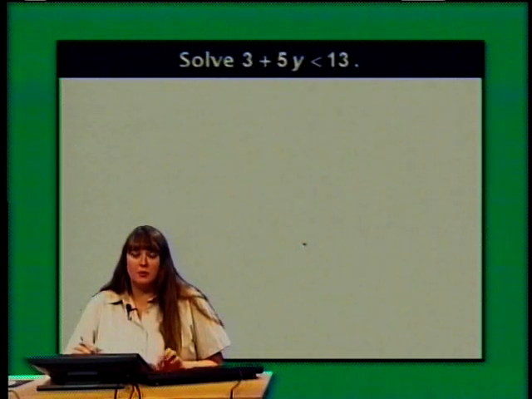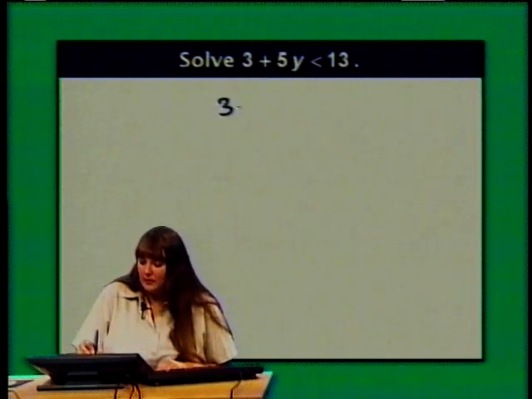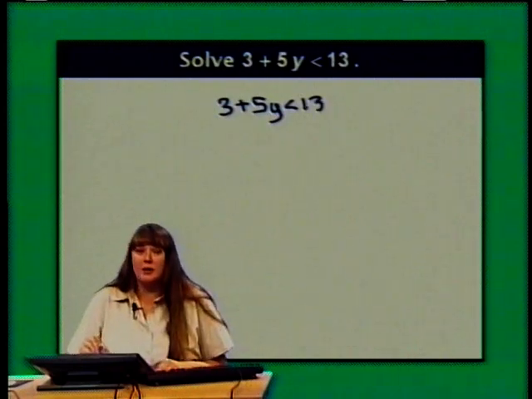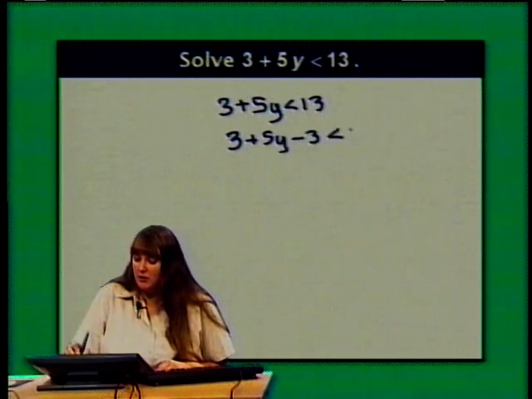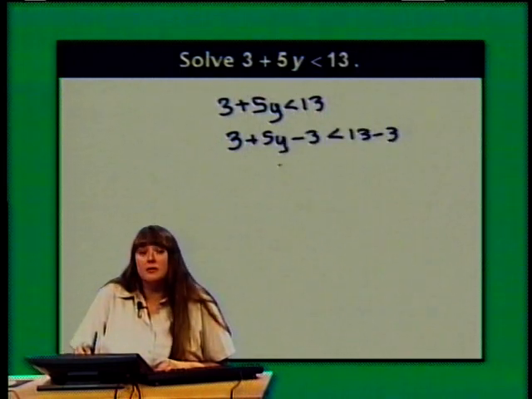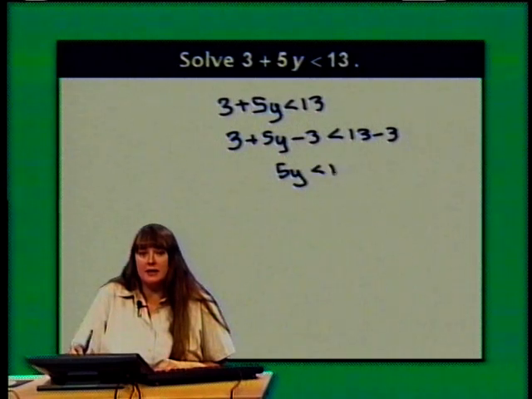Now let's solve one more inequality. 3 plus 5y is less than 13. To solve this inequality, I'm going to move my constants to the right-hand side. I'm going to subtract 3 from both sides of this inequality. This simplifies to 5y is less than 10.